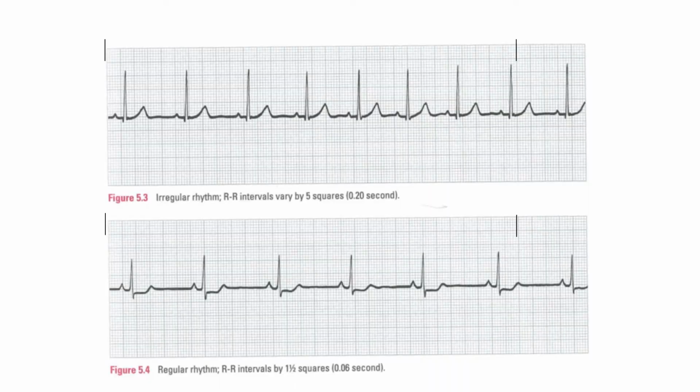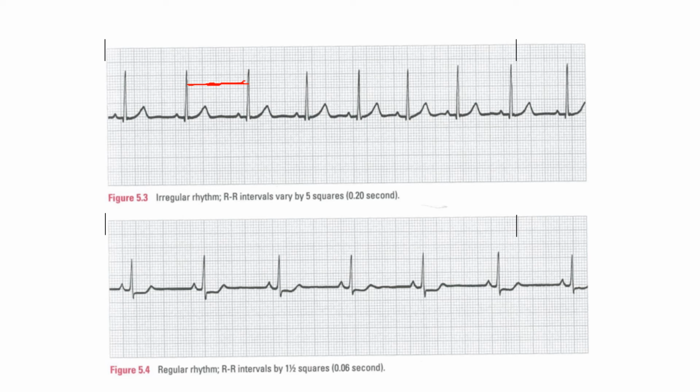Now the top strip, 5.3 in 5.3, is considered irregular. So therefore, we will use the 6-second quick rate, because we can't use the small box conversion table. If I measure from these two R to R's, I would get, I think, about 22 boxes, 10, 15, 20, about 22.